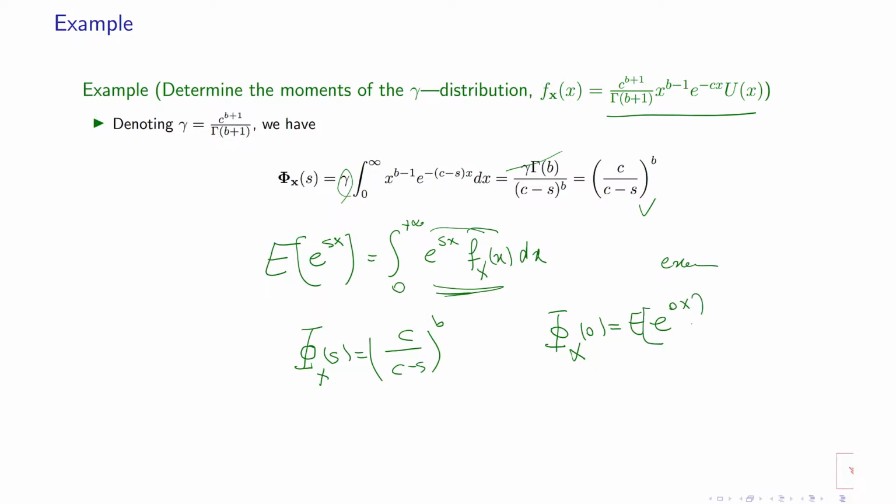So the mean of e to the power of 0, which is 1, shall be equal to 1. So if I put s equals 0, I should get 1. And my check validates that this answer is likely to be correct.